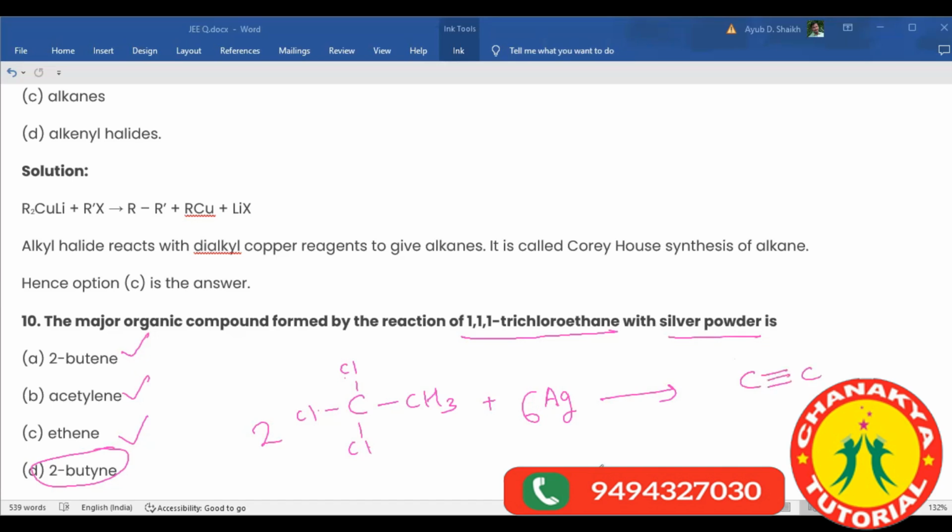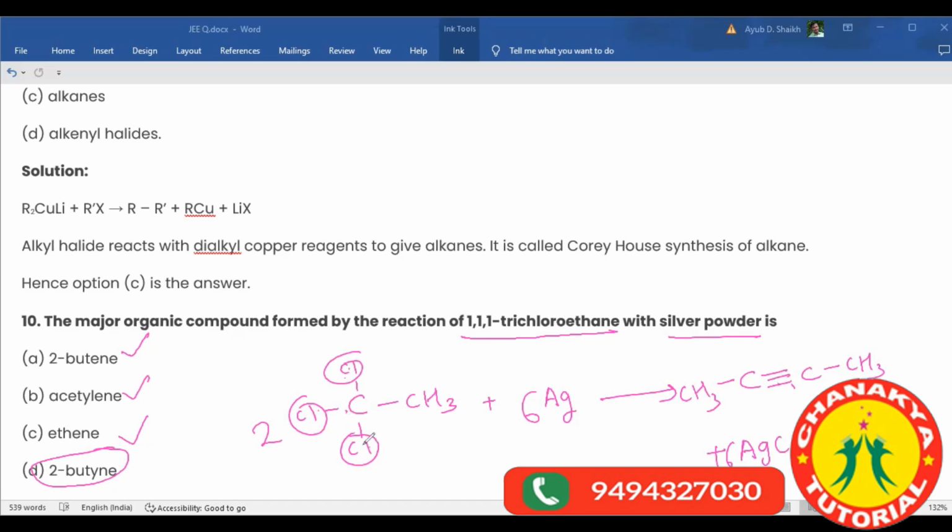Butyne means carbon-carbon triple bond, correct? Yes or no? So from this carbon 3 chlorines, from another 1,1,1-trichloroethane 3 chlorines would go with this 6 Ag. It will form 6 AgCl, and the coupling between this carbon and another carbon would happen. When 1 chlorine is released, that time 1 single bond would be formed.